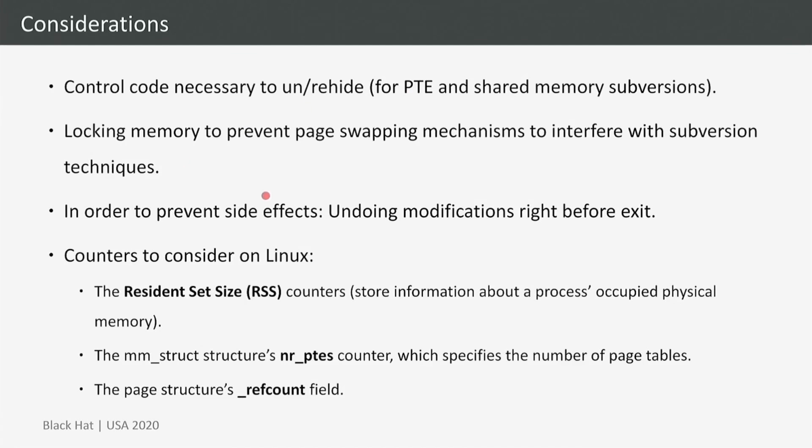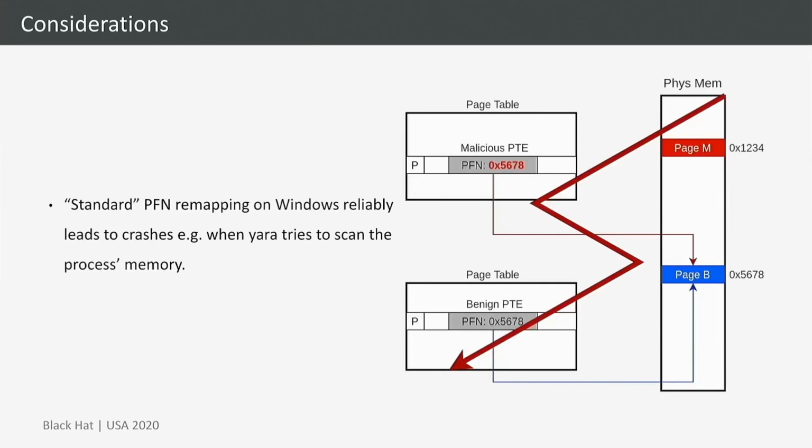And to prevent side effects, we undo all our modifications right before the process exits. Also, especially on Linux, there are some fields you want to have a look at and might have to adjust to prevent side effects, especially if you're not undoing the modifications. Then there are some counters that you might have to adjust to prevent any problems.